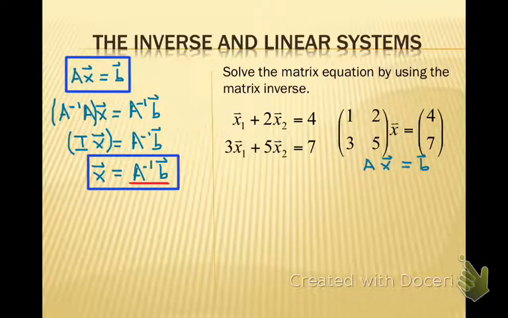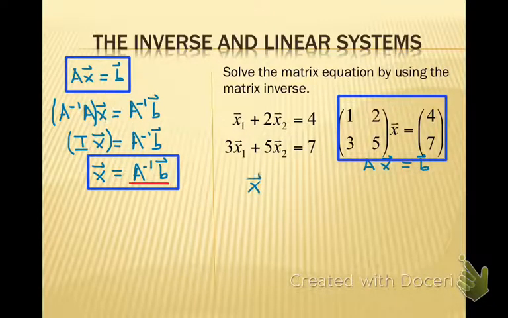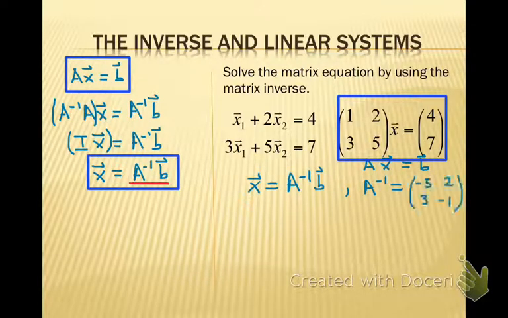Now let's use the matrix inverse to solve this linear system, which is given here. And so you see we've translated the linear system into a matrix equation. And to find the solution, all we need to do is multiply the inverse of A times B. So we found previously that A inverse was given by the matrix -5, 2, 3, -1.